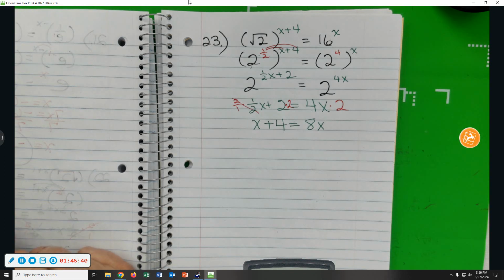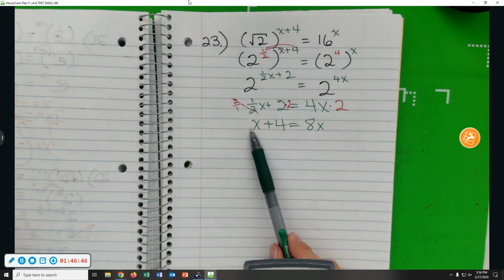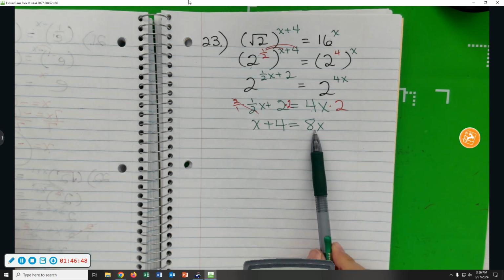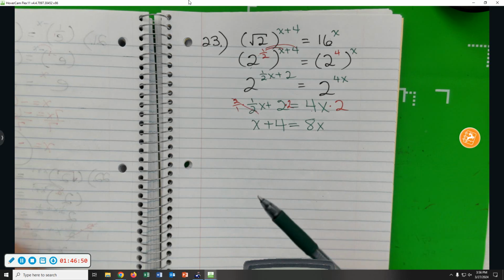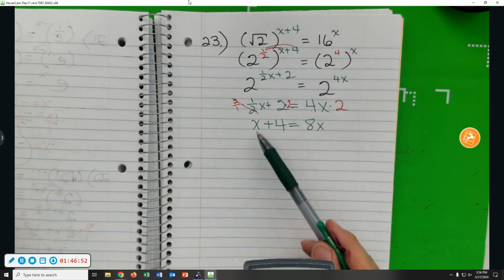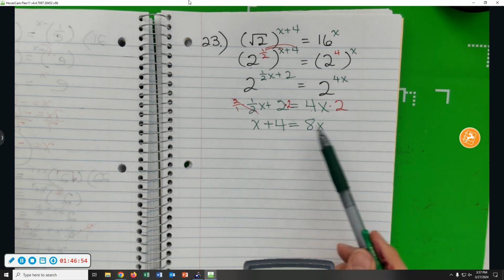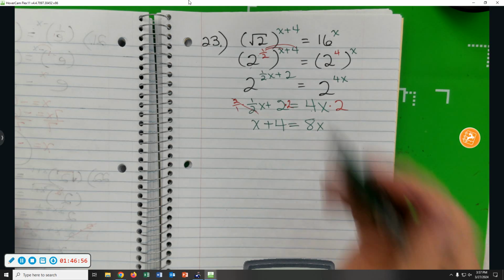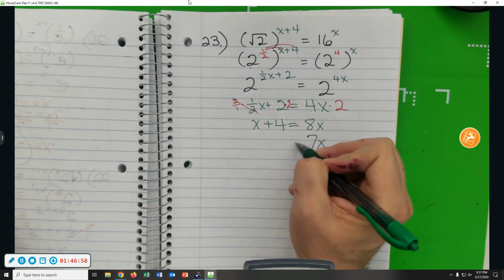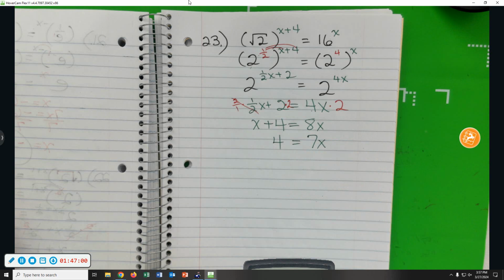And then what do you think I'm going to do? I'm going to subtract that 1x there. I can move the 8x over, but then I'd be picking up negatives. So I'd subtract the x. 8x minus 1x gives me 7x equals 4.